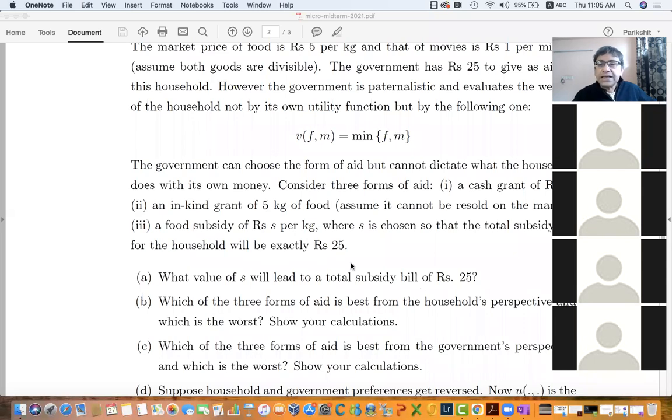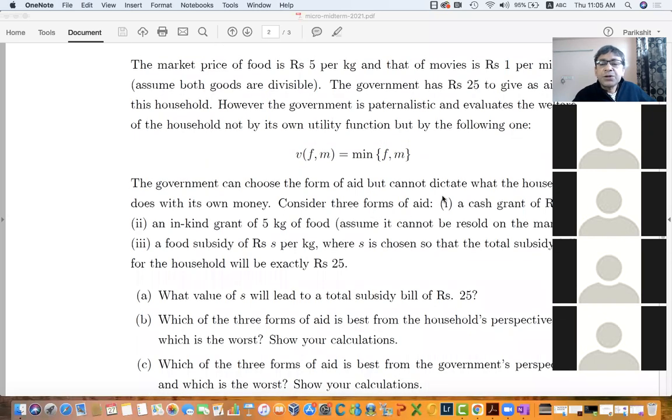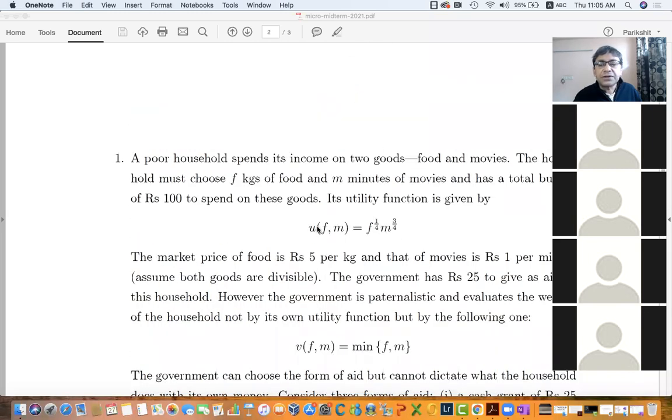So you take that numerical value and calculate things. For each of these scenarios, 1, 2, and 3, which are different forms of giving the 25 rupees available for aid, you can solve for the values of F and M that the household will choose based on the household's own utility function, which is this.